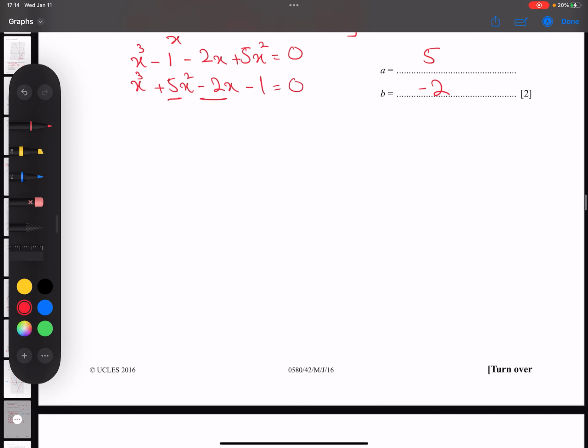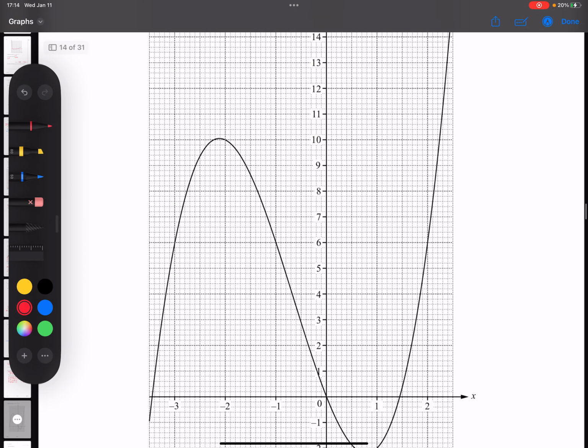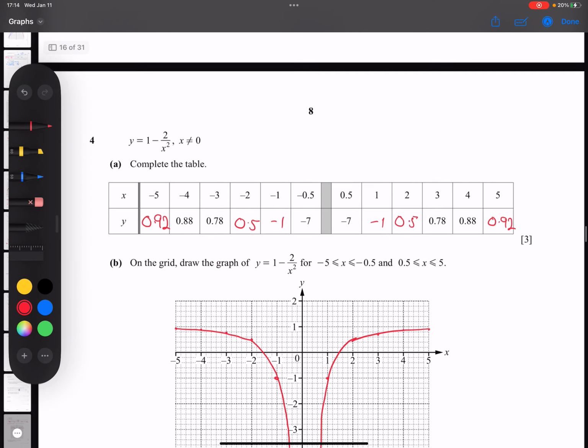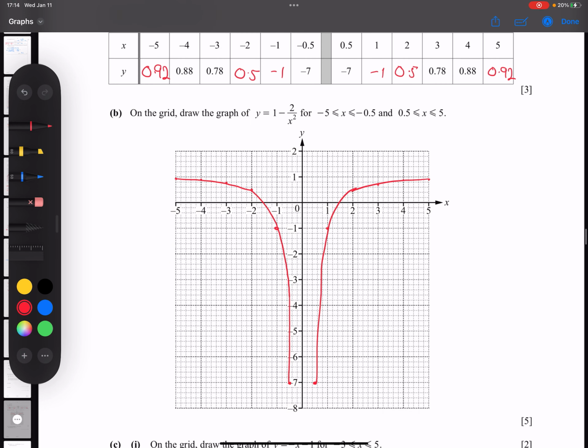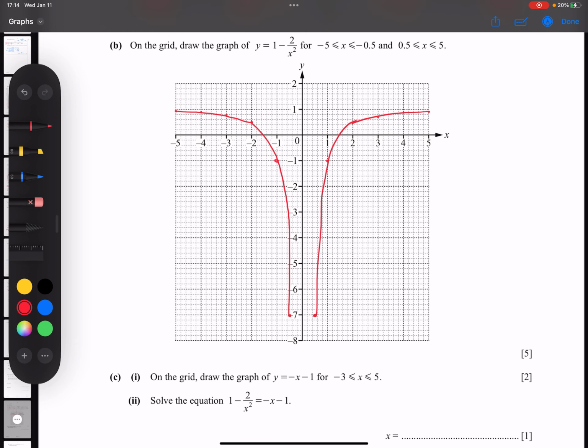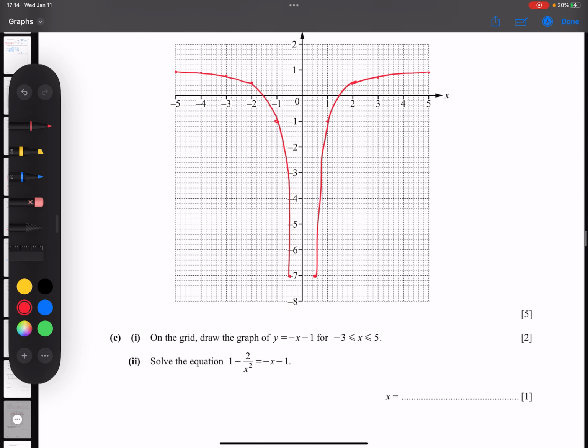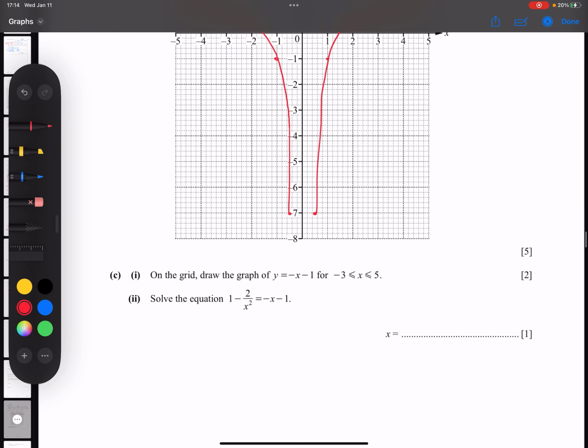Let's continue. Going to this question, I'm going to skip that, since I drew this already. So 1 minus 2 over x squared, it's a symmetrical graph. On the grid, draw the graph y equals -x minus 1. To draw the straight line, you take values of x.